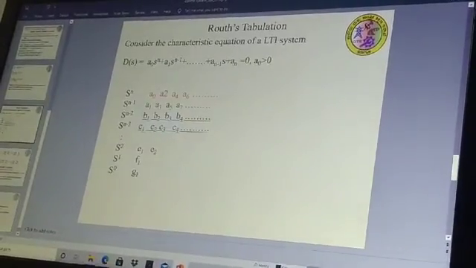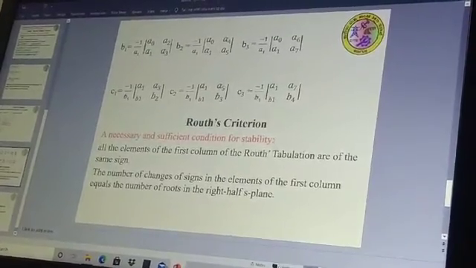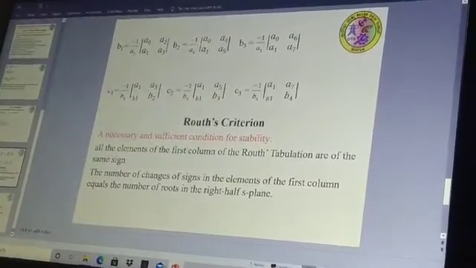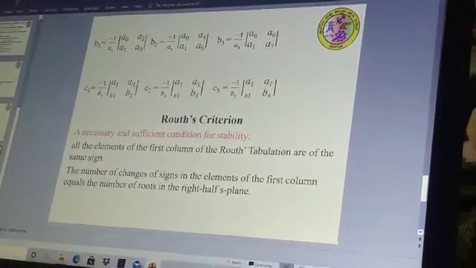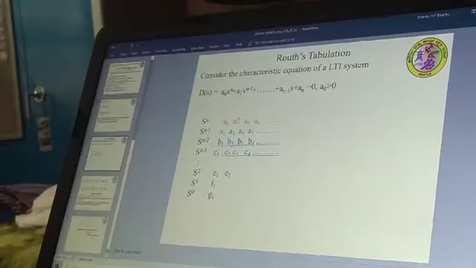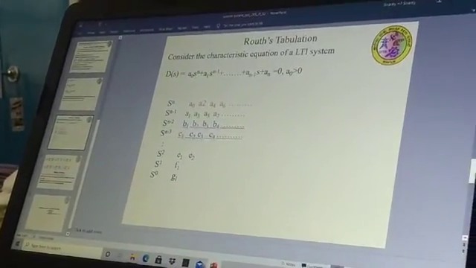So what are the conditions? The necessary and sufficient condition for stability from the Routh criteria is that all the elements of the first column of the Routh tabulation are of the same sign. This is the Routh tabulation. After calculating using the determinants, all the values are placed here.